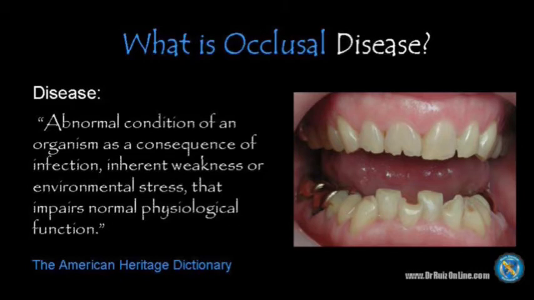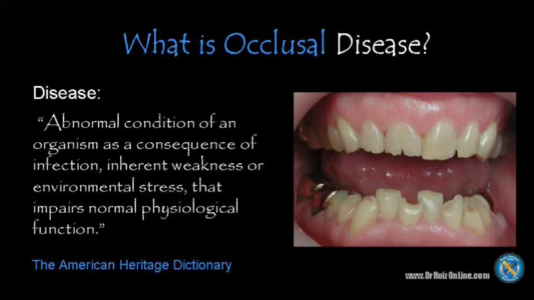Is it really a disease? And the definition of the American Heritage Dictionary is that a disease is an abnormal condition of an organism as a consequence of infection, inherent weakness, or environmental stress that impairs normal physiological function.